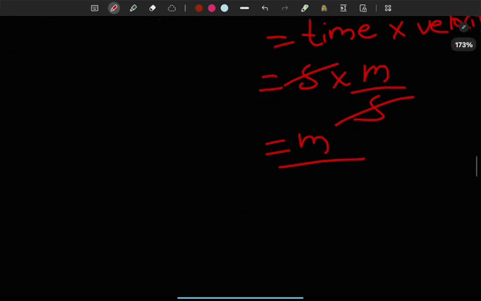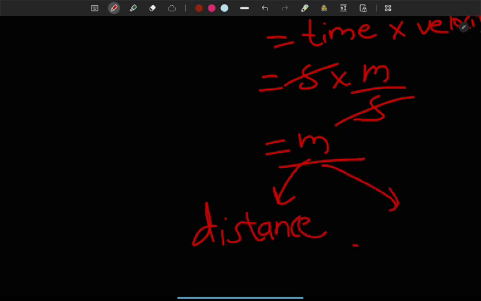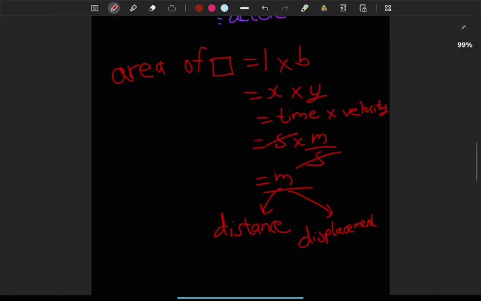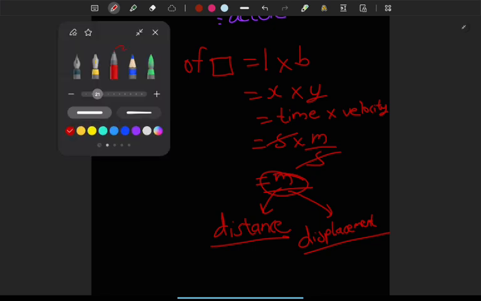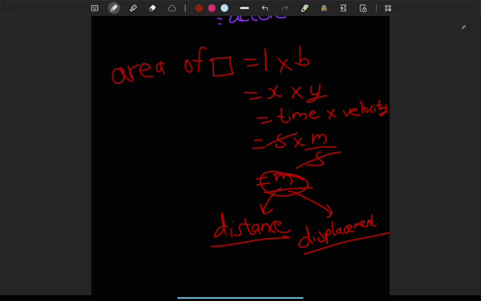Now it is time to judge whether it will be distance or displacement, because both have their unit as meter. To judge that, I said earlier that velocity is a vector quantity, whereas time is a scalar quantity, and the product of a vector and a scalar is always a vector quantity.